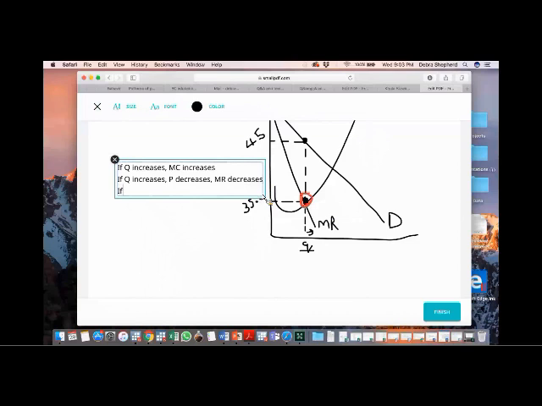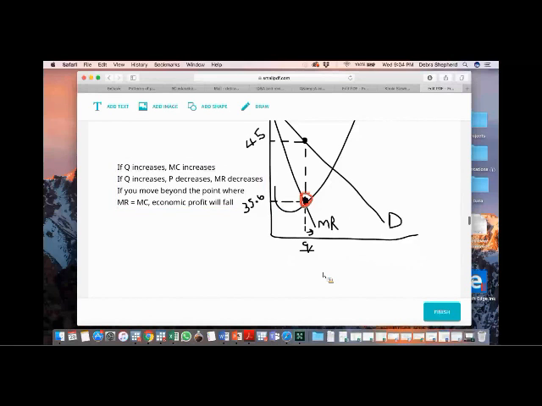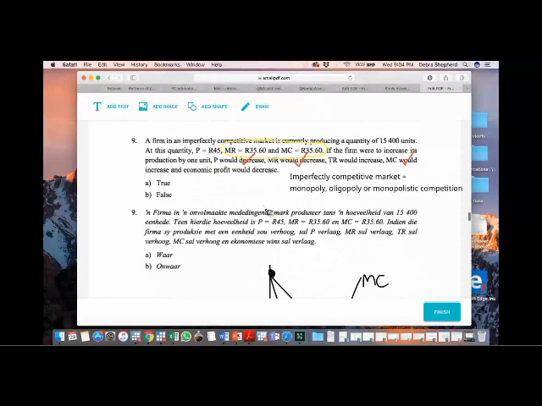So if you move beyond the point where MR equals MC, that means economic profit will fall, because you're moving away from the profit maximizing point. So it makes sense that you're now reducing your profits. So the statement economic profit would decrease is also true.